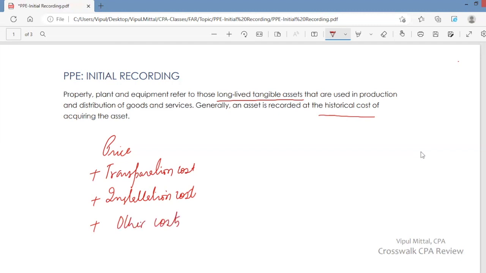So other costs that you incur to bring it to the condition and location necessary for its intended use, so that you may use it for the purpose you have acquired. All the costs that you incur so that you may use it.